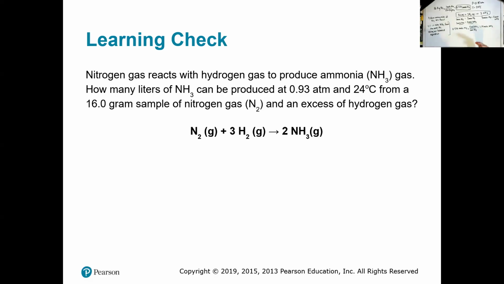The third step is you have to remember that this question is asking how many liters of NH3 are going to be produced. So right now I have my moles of NH3 and I have the pressure and temperature variables. But step 3 is to use the ideal gas law to solve for volume.